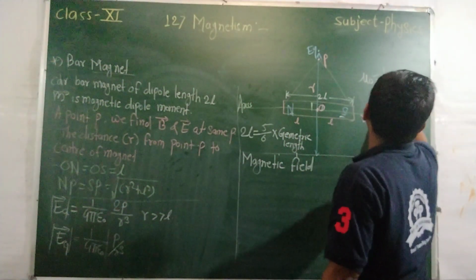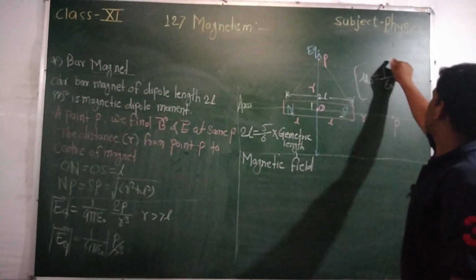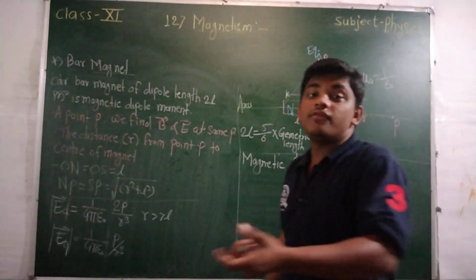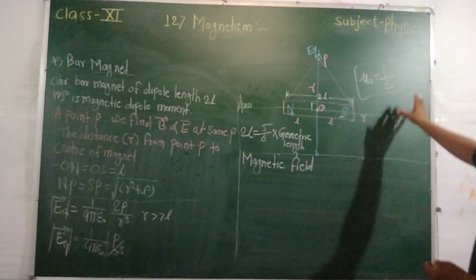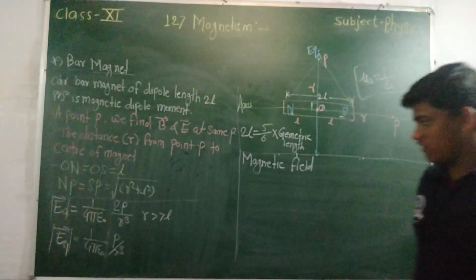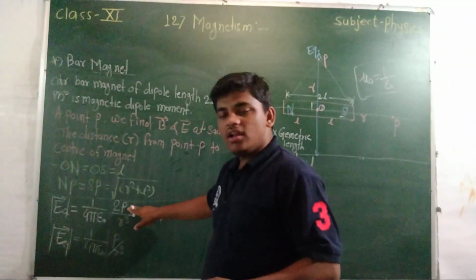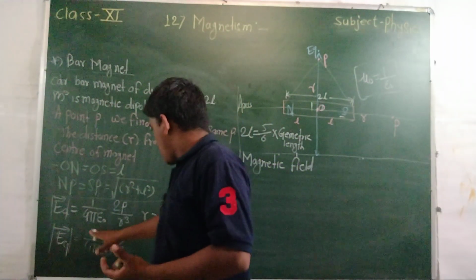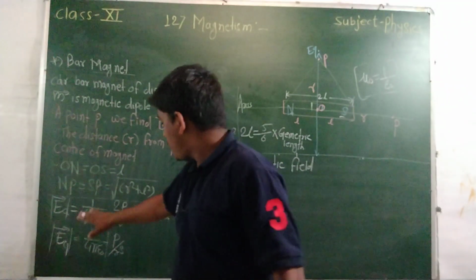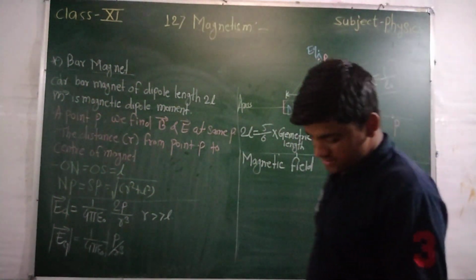When we convert the electric field to magnetic field, we have to use these values. Here R is the same for both, 4 pi is a constant, and 1 upon epsilon 0 becomes mu 0. Let's find it.